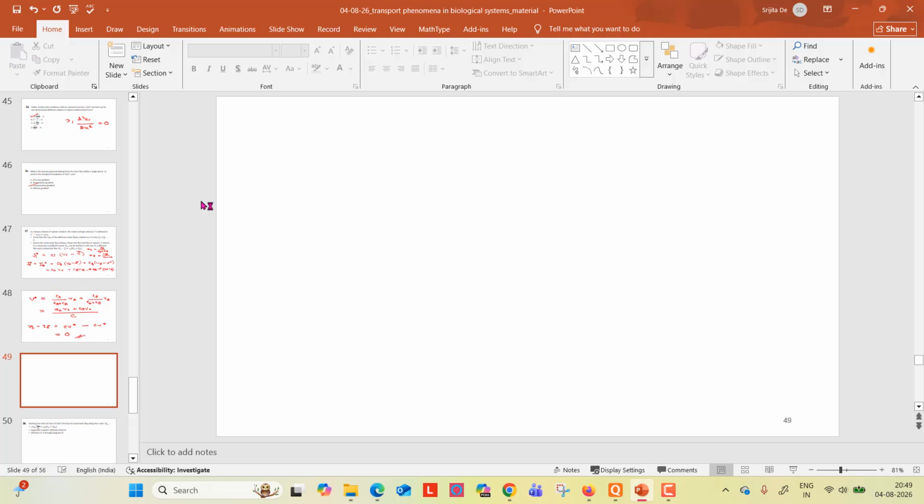So the absolute molar flux, we know it as Na equals Ca Va, right? Also, Va, in terms of V star, equals Va minus V star plus V star, right?